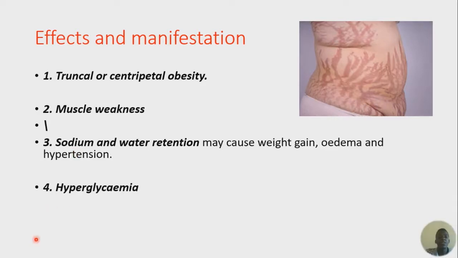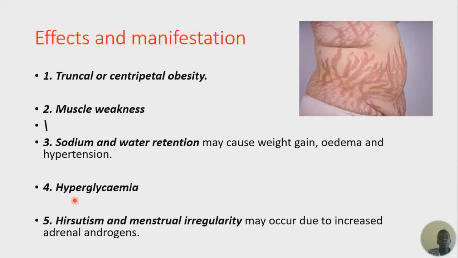Another effect and manifestation is hyperglycemia, which occurs during the hypercortisol stage. This hyperglycemia is not good, and has a lot of associated effects. You have a lot of glucose in the blood.